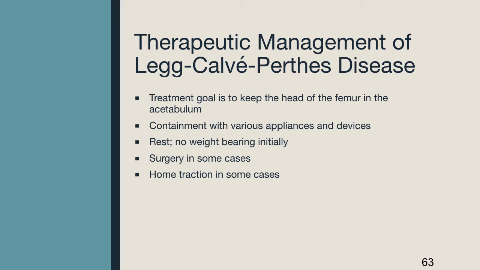And they do this home traction with the spica cast or the device that keeps the legs spread at home. Often what they'll do is do this treatment over the summer. And so these kids are not going out and playing and everything, but in order to keep them from missing too much school, they'll do their treatment over the summer.